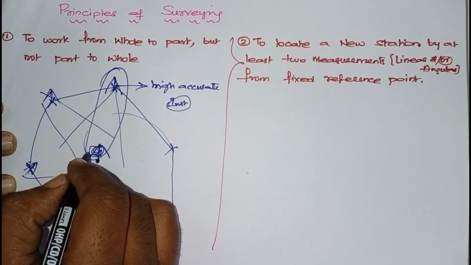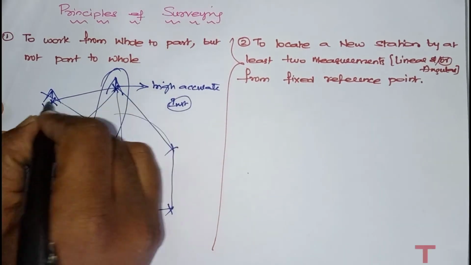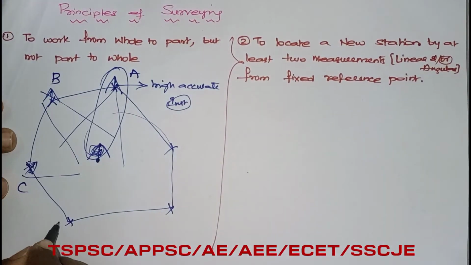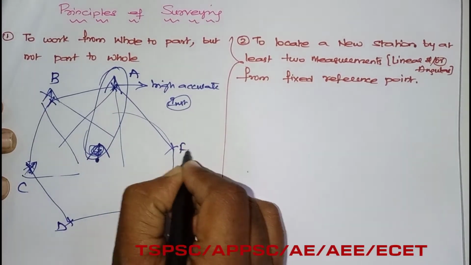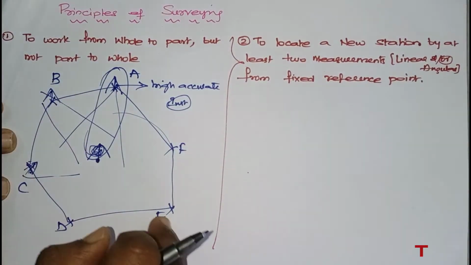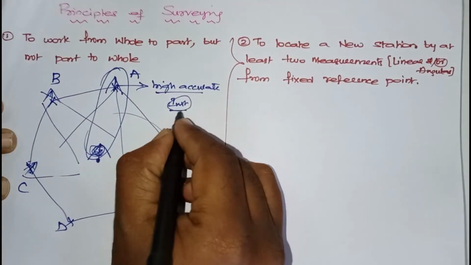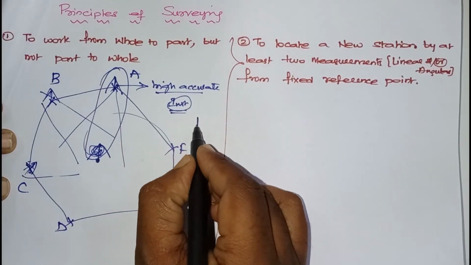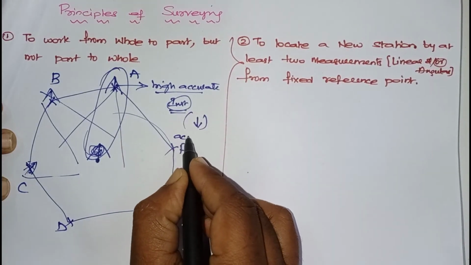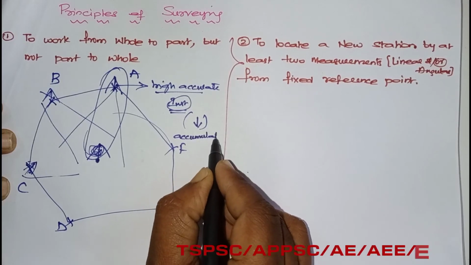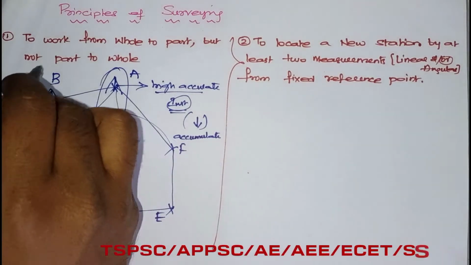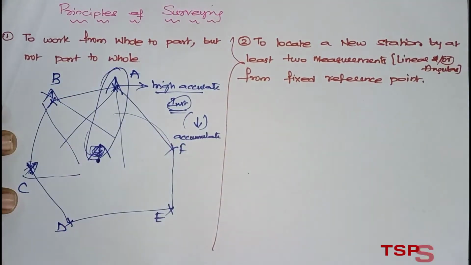For that reason, I fix a control point and work at each control point individually and separately. These control points are fixed by highly accurate instruments, so you can decrease the accumulation of errors. Errors can be reduced. That is the reason we always work from whole to part but not part to whole.